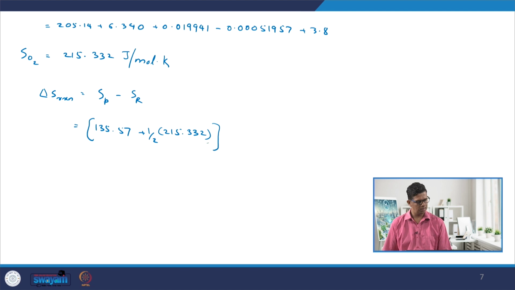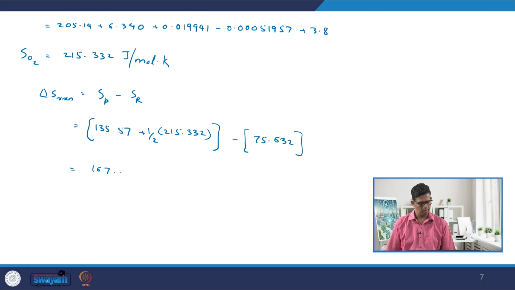That comes like this, minus entropy of the reactants, which is water, that we have 75.632. So, if we solve this, entropy of reaction comes close to 167.604 joules per mole per Kelvin.